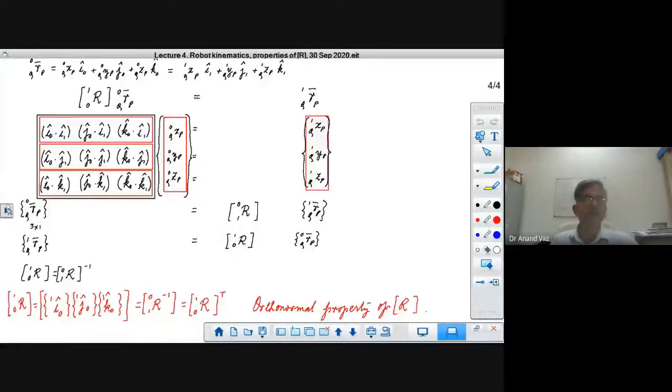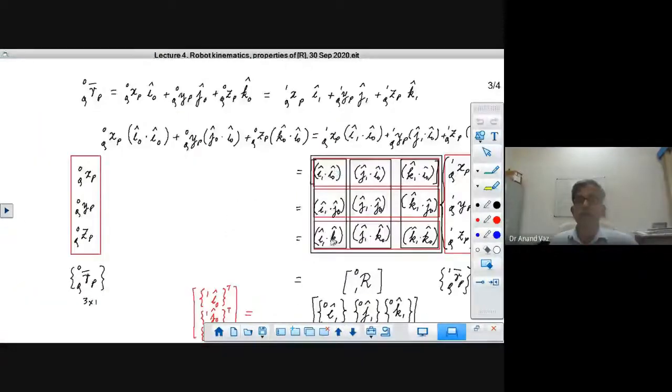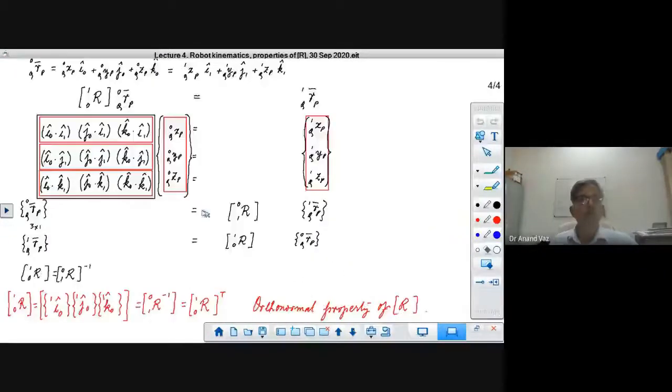We had seen that the columns here have become rows here. So I1 has been resolved in terms of components of frame 0 here and shown here as a row.